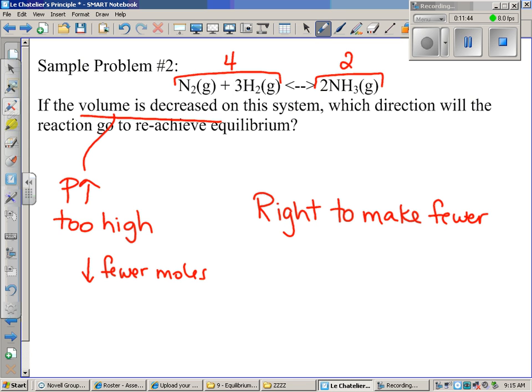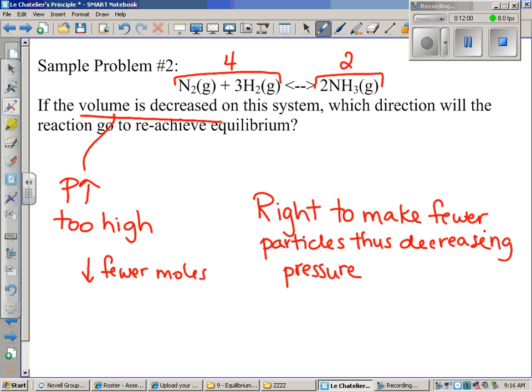Go to the right to make fewer particles, thus decreasing pressure. So again, we're looking at number of moles on both sides.